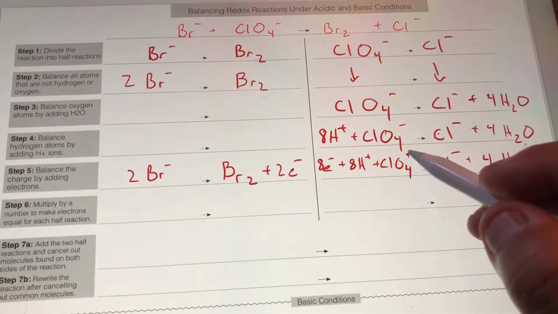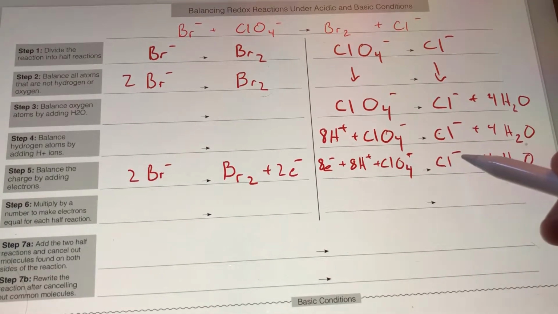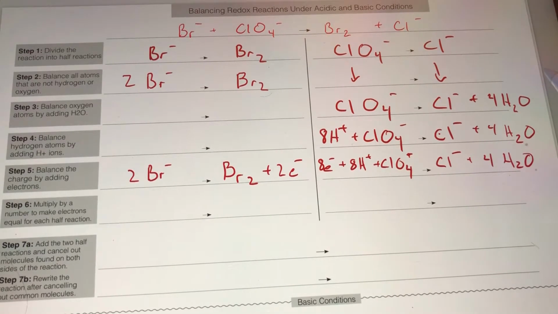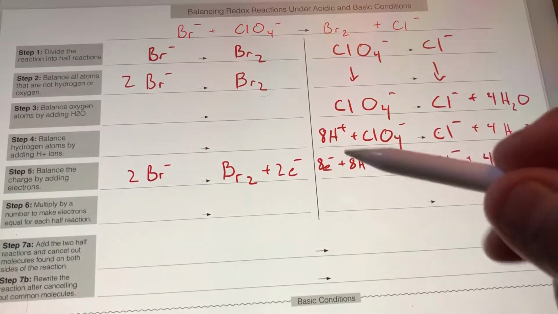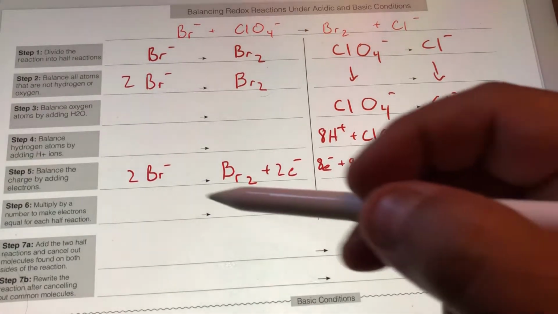And so here we'll end up with 1 negative charge on the reactant side and 1 negative charge on the product side. Then we have to make these electrons that we've added equal.